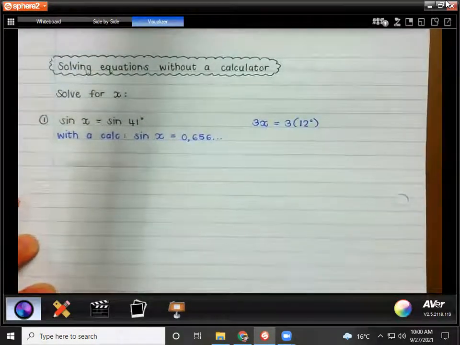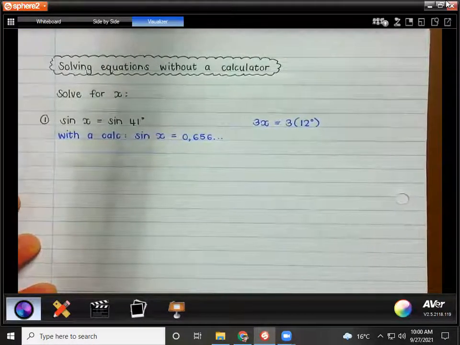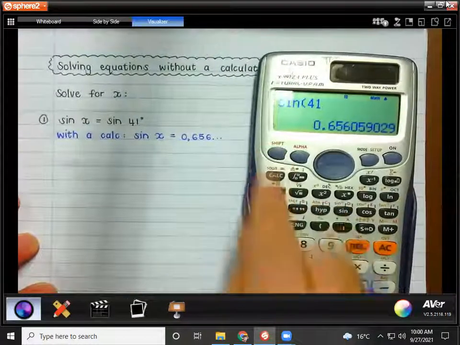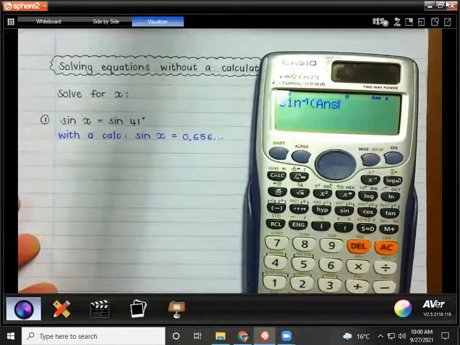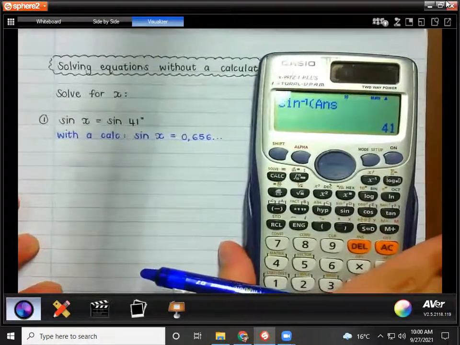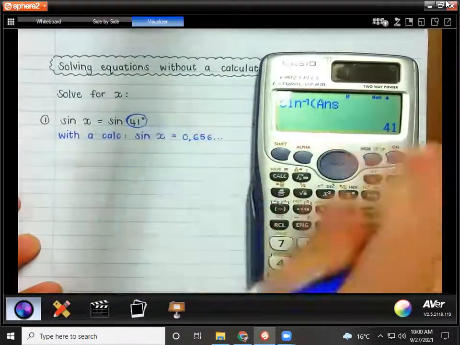And then what do we do from there to get the reference angle? Shift sine of this value, hey? So shift sine of the answer, and the reference angle is 41, right? Which is what we actually had here already.